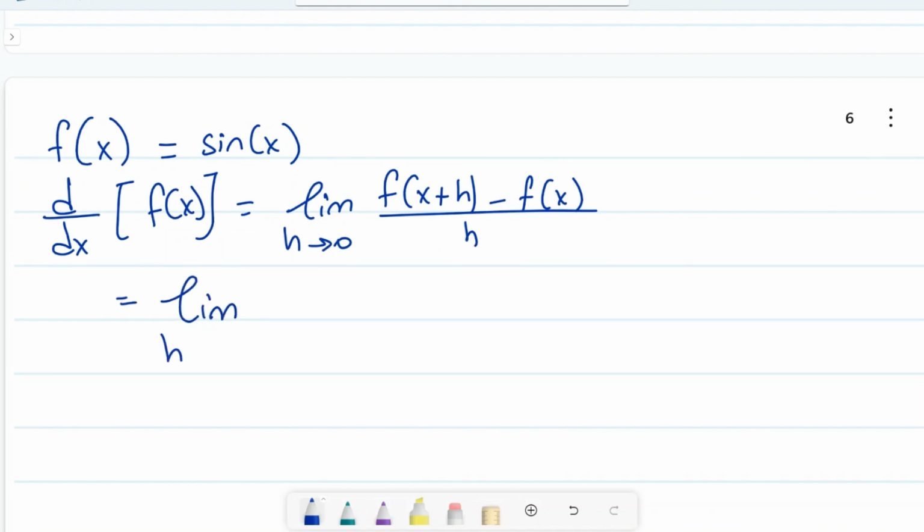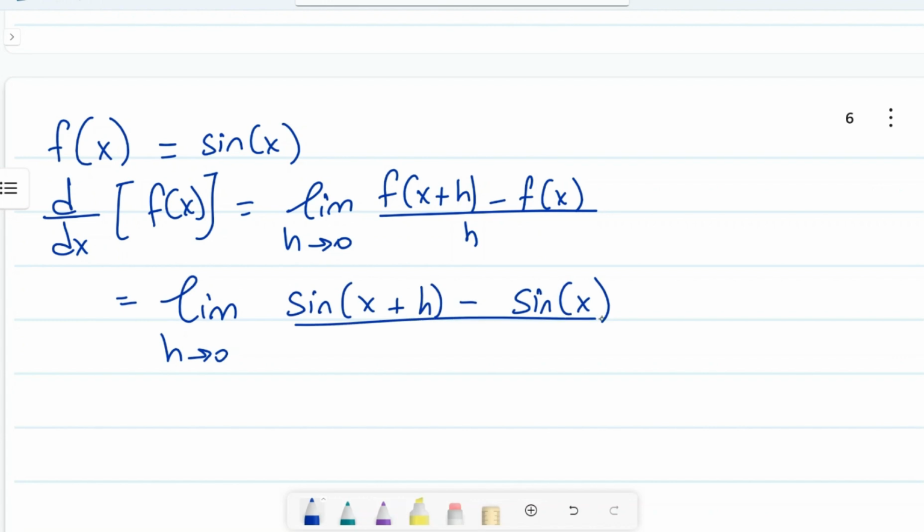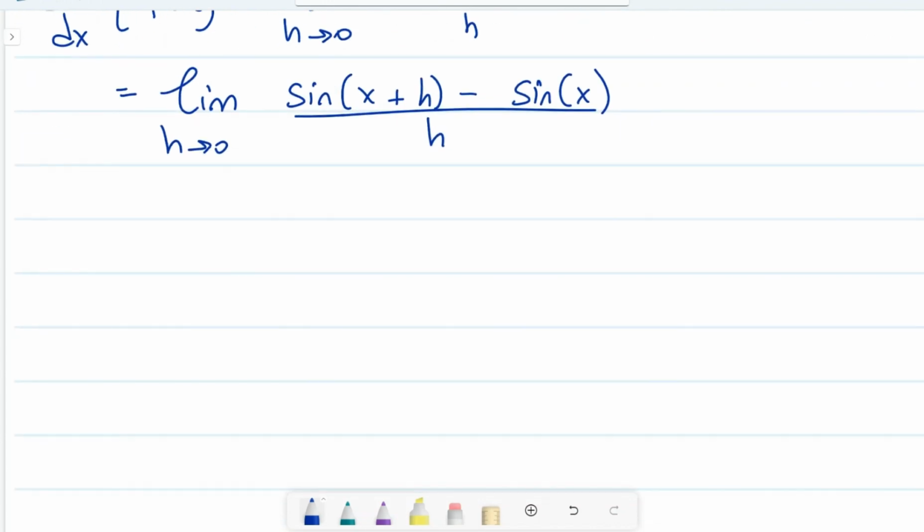So what is f of x plus h? This is sine of x plus h. f of x is sine of x, divided by h. This is the limit as h approaches 0.